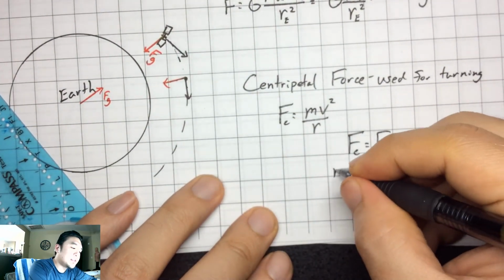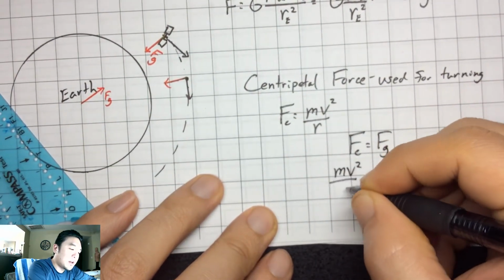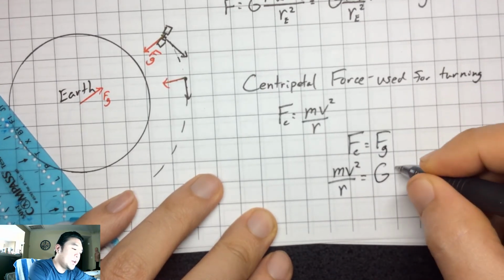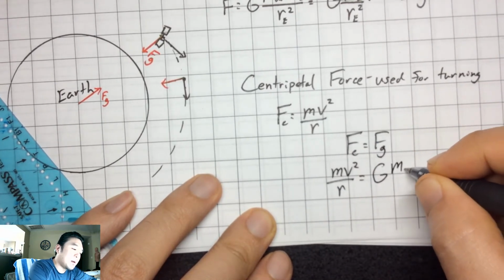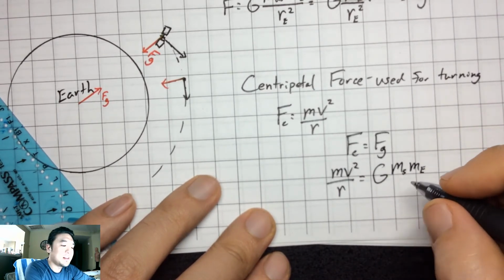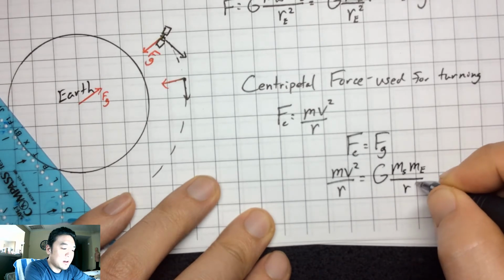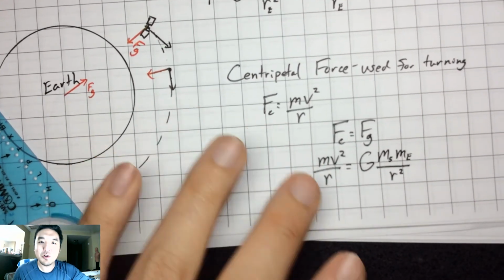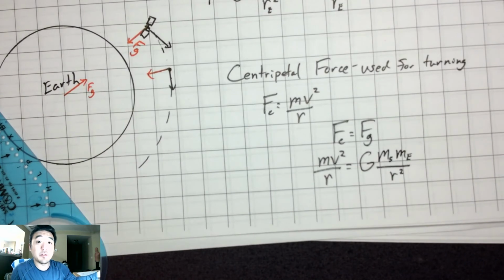Centripetal force is mv squared divided by r. Force of gravity on this problem is big G, M satellite, M Earth, the thing that's pulling it towards it, and then divided by r squared, this distance away from the center of the circle that I'm turning in, which would be the distance to the center of the Earth from wherever the satellite is.